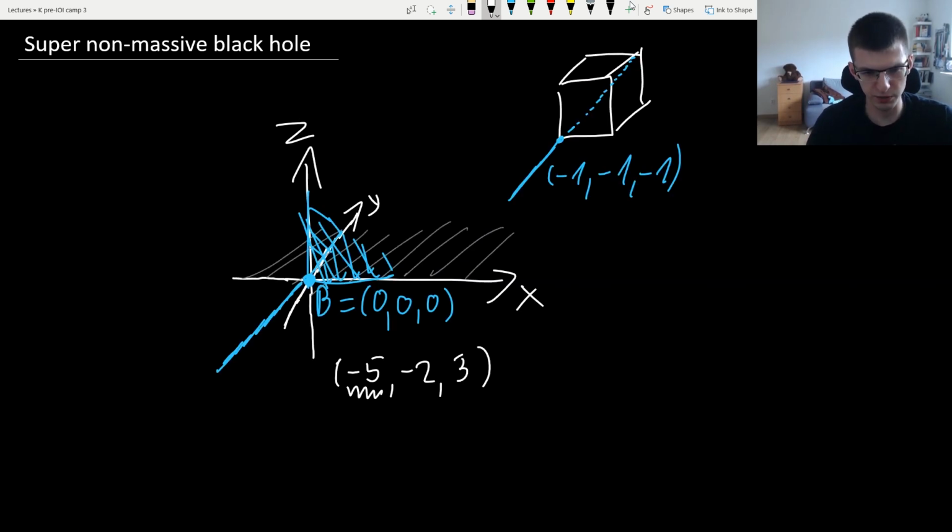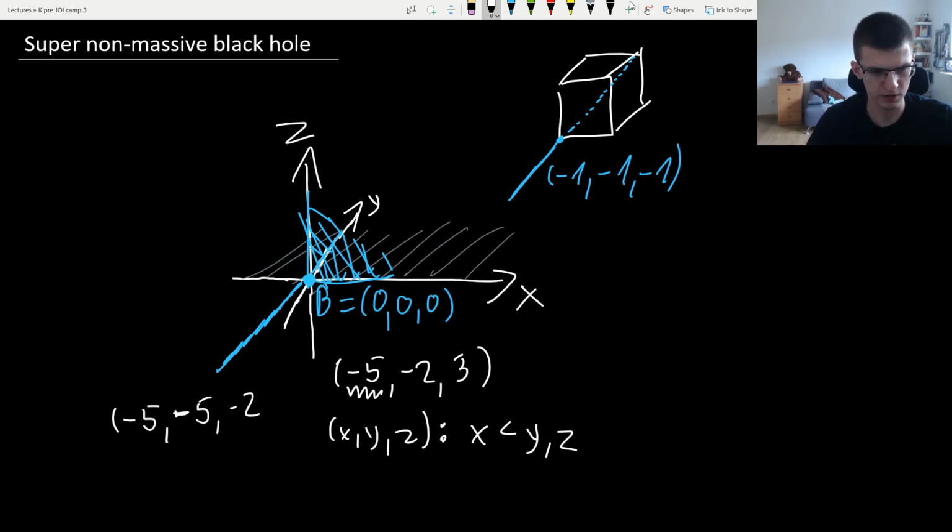Here one part will be points x, y, z such that x is smaller than y and smaller than z. Or smaller or equal is also fine. For ties you can say that this point is in whichever part. Like if there is a point -5, -5 and -2, it doesn't matter if you say you need to shift by x or by y, whatever. Still, we assume that point B is 0, 0, 0.